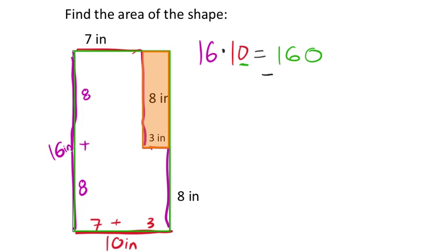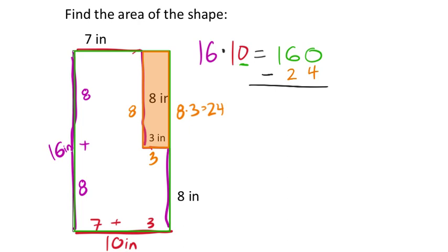So we're going to subtract that shape, which looks like it's an 8 by 3 inch rectangle. So the area of that rectangle would be 8 times 3, which is 24 square inches. So we're going to subtract 24 here at the top. And what we get from this subtraction will be the area of the original shape.